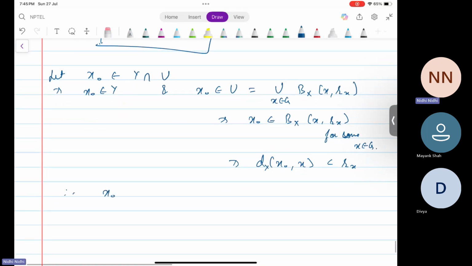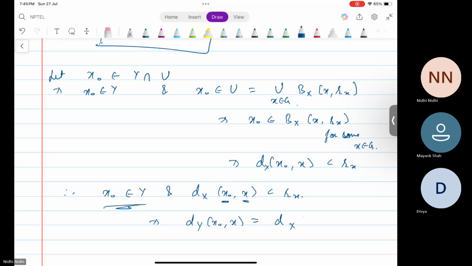Therefore, we have x naught belongs to Y and the distance between x naught and x is strictly less than Rx. Now, since x naught is in Y, from here x naught is in Y, this x is in G, which is in Y. Therefore, we can write dY(x naught, x) is equal to dX(x naught, x).